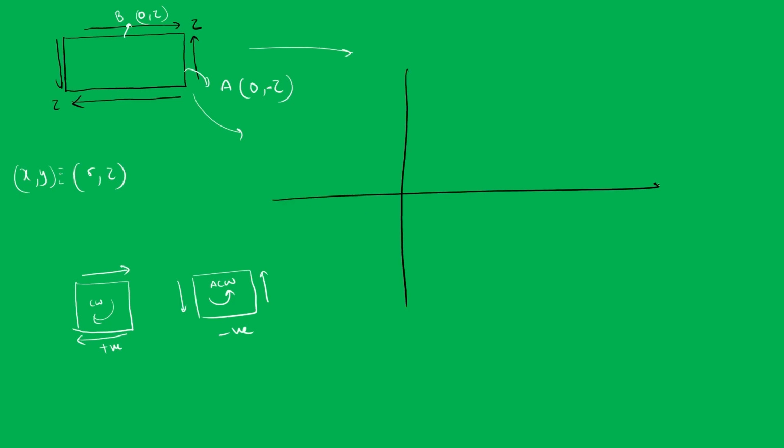So this is my coordinate system: sigma is the x-axis and tau is the y-axis. Now I'm going to represent point A. Point A is 0 comma minus tau, so x is 0 and y is minus tau. Similarly, 0 comma tau, this is tau, this is C.